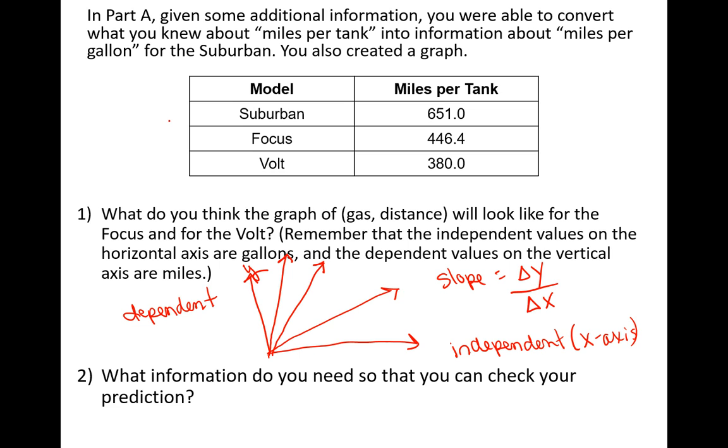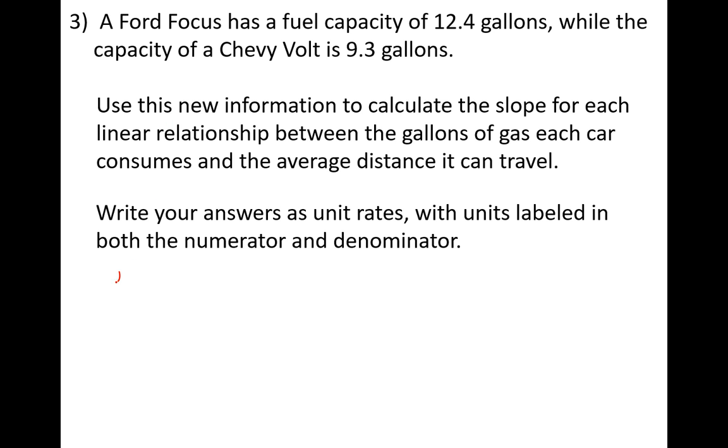A Focus is 446.4 miles per tank, but we know that tank for that Focus is 12.4 gallons. So when we do our division, 446.4 divided by 12.4, that is 36 miles per gallon. Remember the Suburban, this is the Focus.